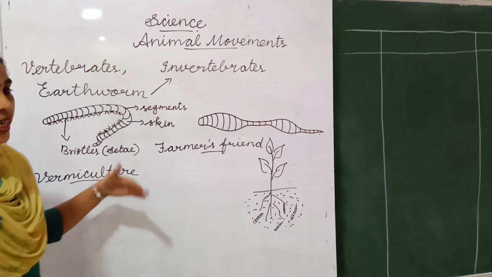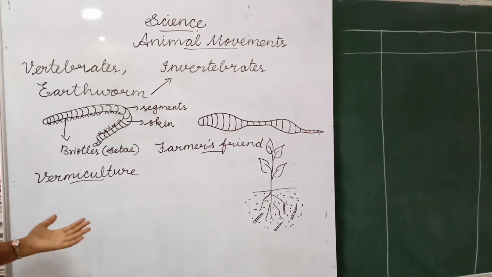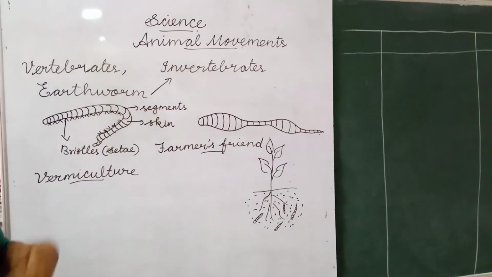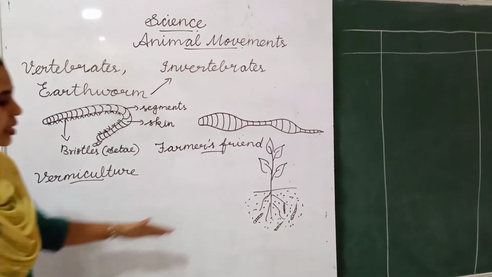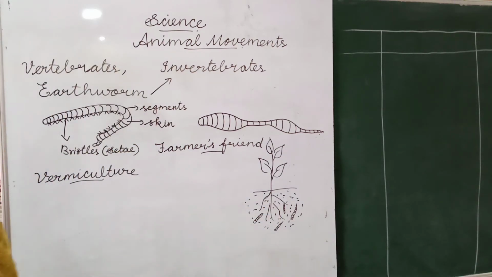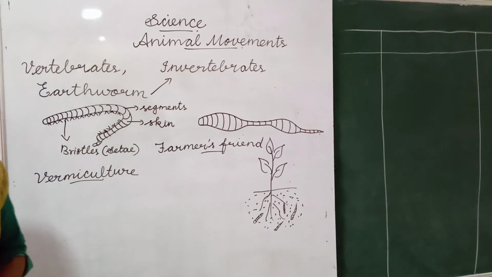The red color earthworms decompose food wastes into compost by the process of vermiculture. The manure that we get by the process of vermiculture by the earthworms is called vermicompost.